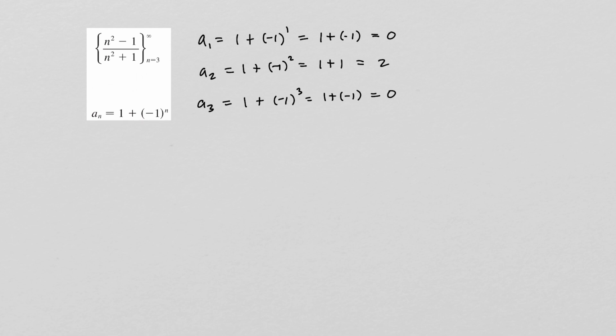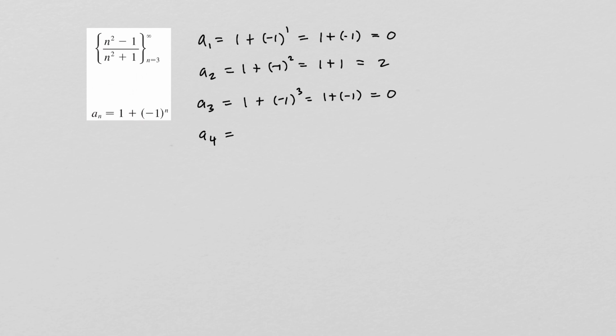And you can kind of get a sense of a pattern this time. And so if you can sense a pattern, you don't always have to plug in every single value. So I can see that what's happening here is when you raise negative 1 to an odd power, you get negative 1. And when you raise negative 1 to an even power, you get positive 1. And so this pattern, 0, 2, is going to continue.